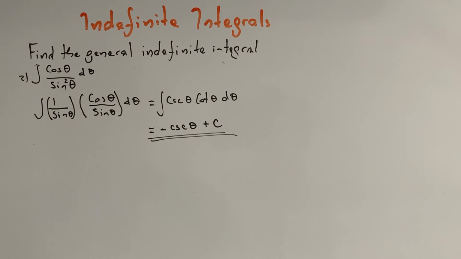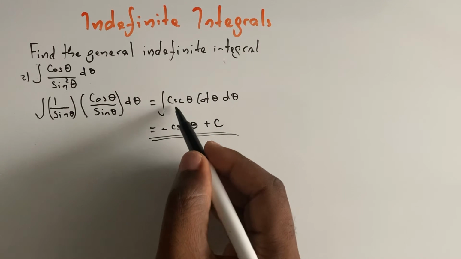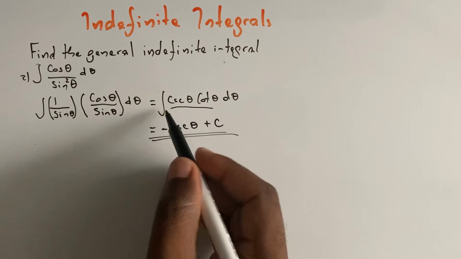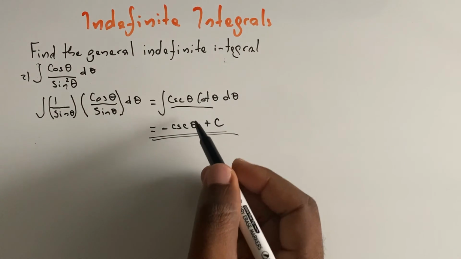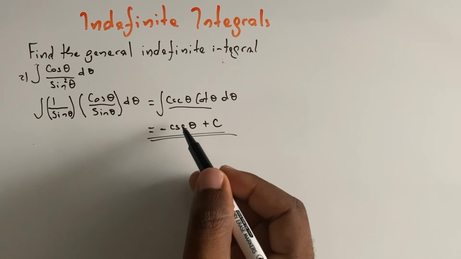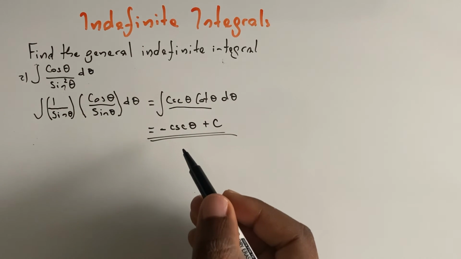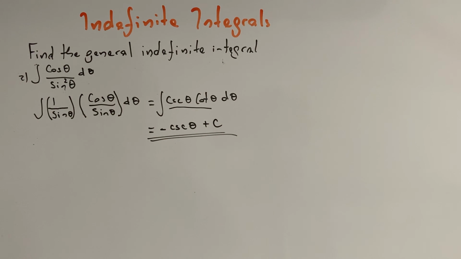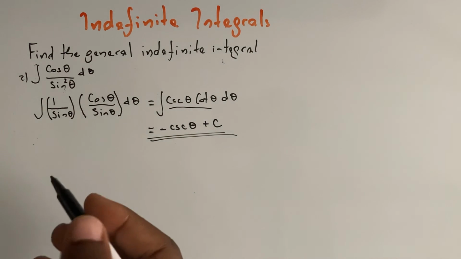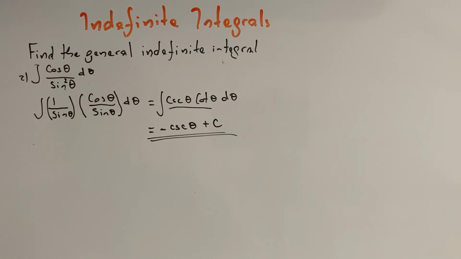So this would require you to memorize such a table, because whenever you need to get the antiderivative of cosecant theta cotangent theta, you would have to know that the answer to that is negative cosecant theta. You would have to know that. So that's why you would have to memorize this one, for it to be easier for you to solve.